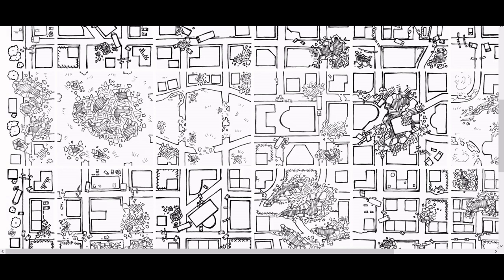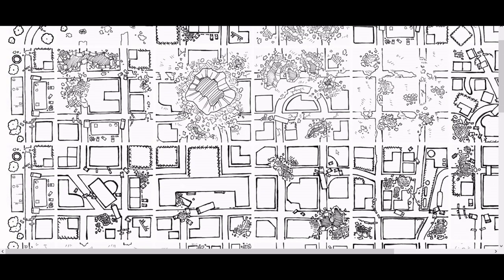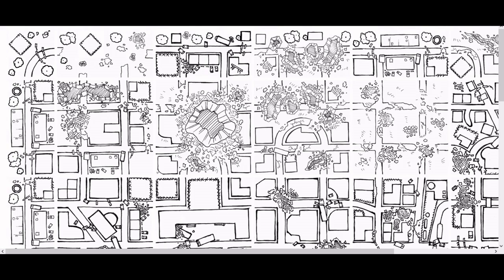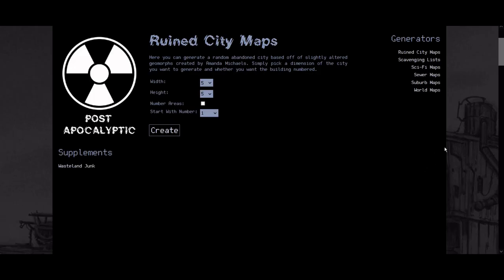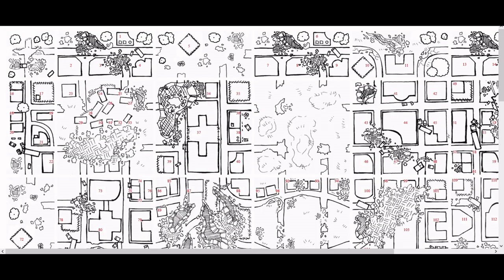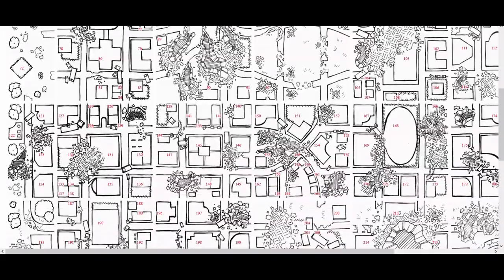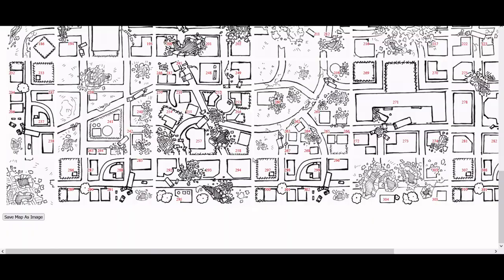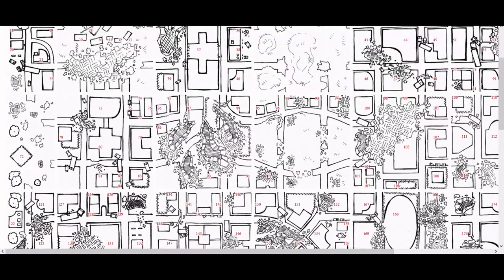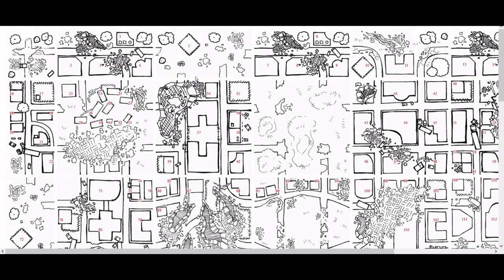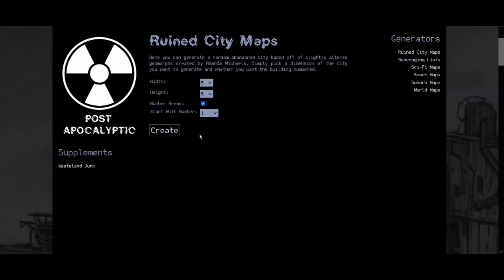It uses a different set of geomorphs, adds some catastrophic craters and collapsed buildings and things like that. And here we can tell it to number areas. And now it's done that same thing as it did before. It numbered the areas. Now this particular one, it didn't generate them, so you would need to generate that yourself.